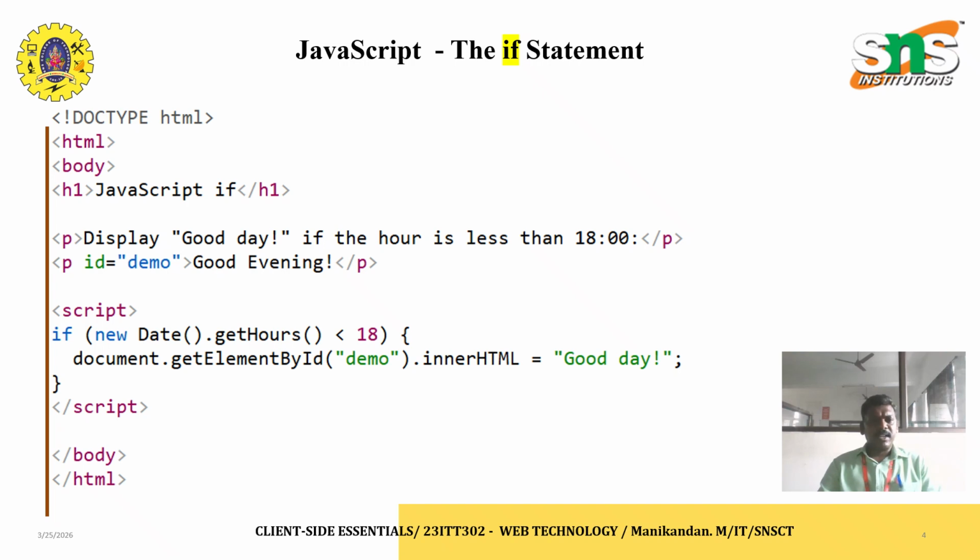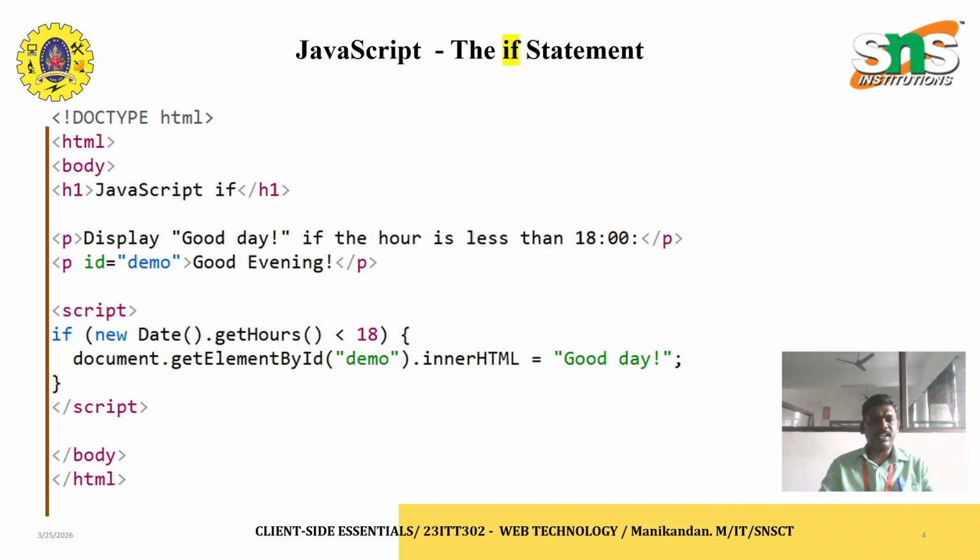For example, here we are displaying a good day if the hour is less than 18. We are checking the conditions by getting the data of the current time, and based on the hours, it will display good or bad.